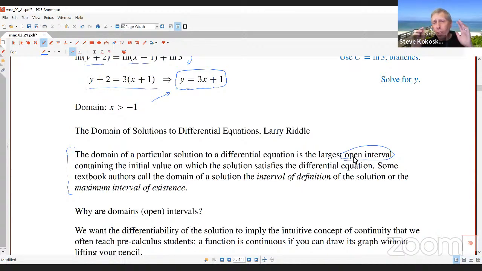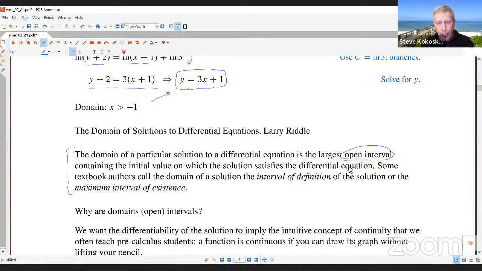I'm almost 100% sure that you would tell your students, don't draw it across anything that looks like a vertical asymptote. Don't draw it across anything where it looks like the function is not defined, where there is no tangent line. That suggests to me that you can't jump across geometrically, and define the solution to a DE as a piecewise defined function.